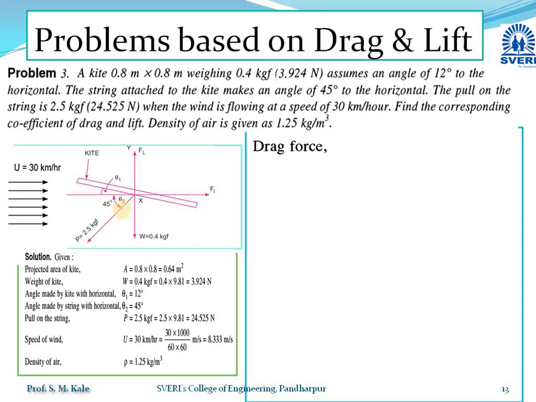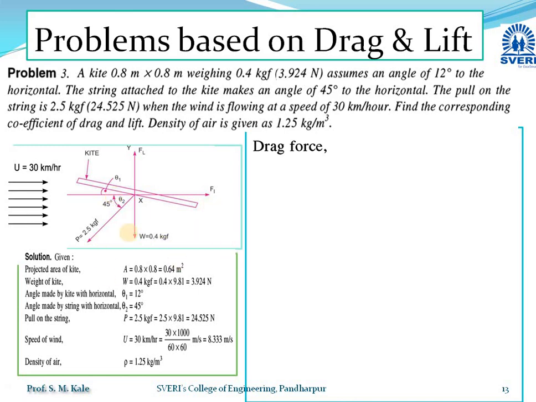Now here basically two types of forces are acting on that kite. First force is the weight of that kite, which is acting in the vertically downward direction. Second force is the pull which is available in the string attached to the kite, and that string is making an angle of 45 degree with the horizontal.